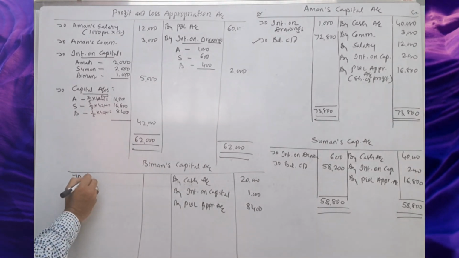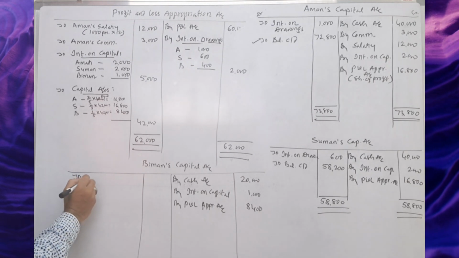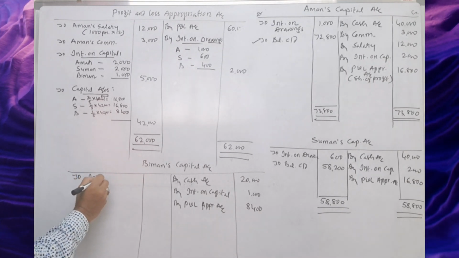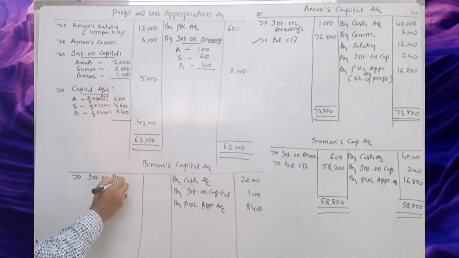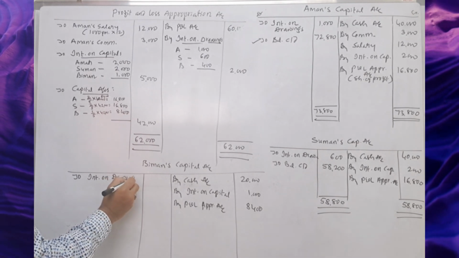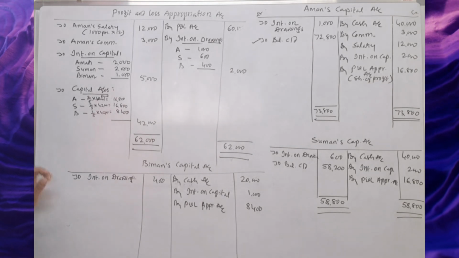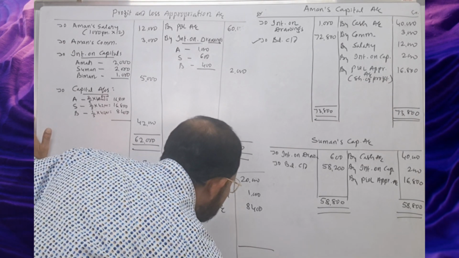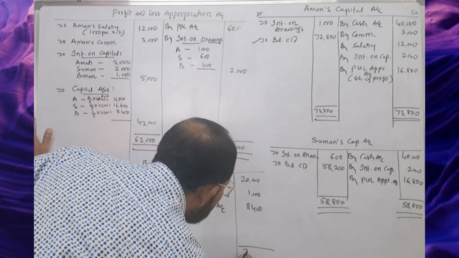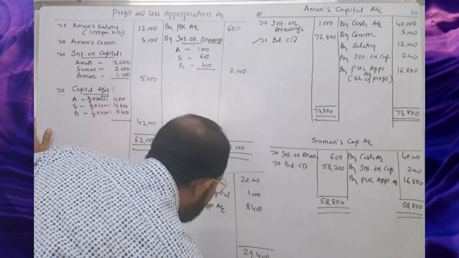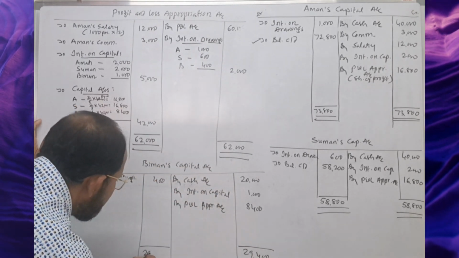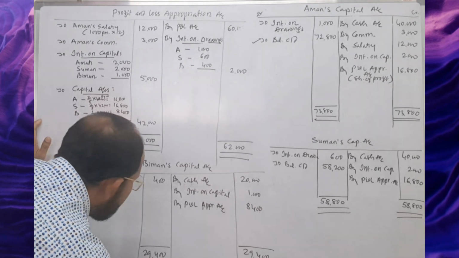And his interest on drawings. What is the amount? Rupees 400. Now close the account. 29,400. Here you write 29,400.